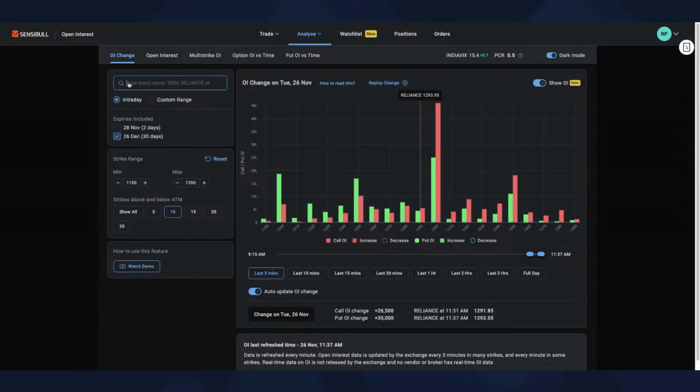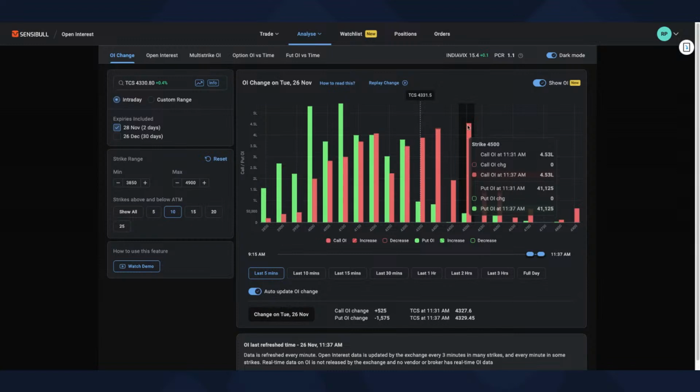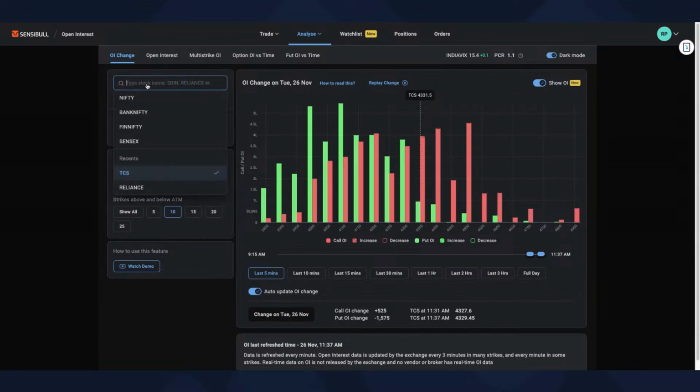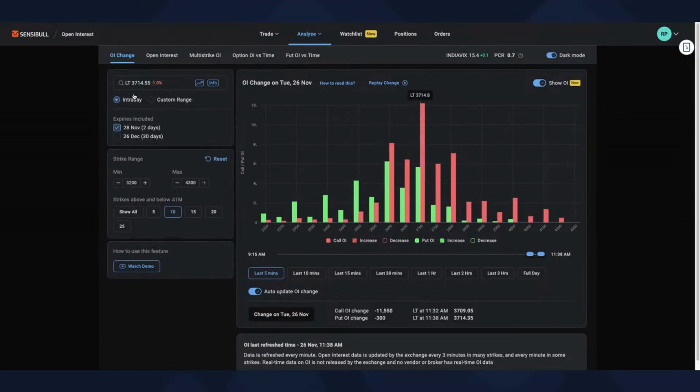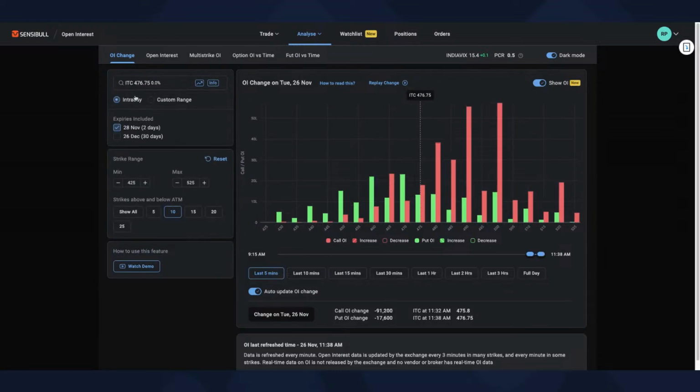And then you also have, let's say, TCS. TCS PCR is 1.1, so this is going to be a tricky one. And INFY is also 0.8, which is again bearish. LNT also 0.7. You have ITC, again 0.5.